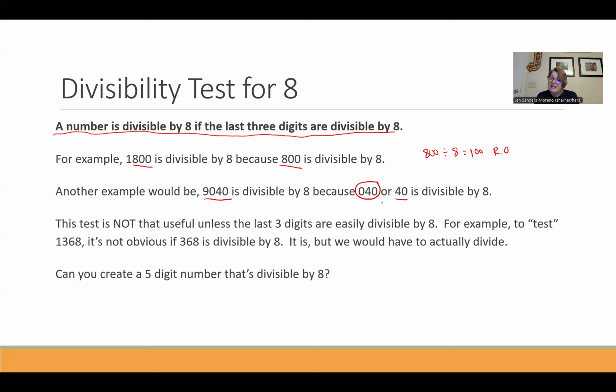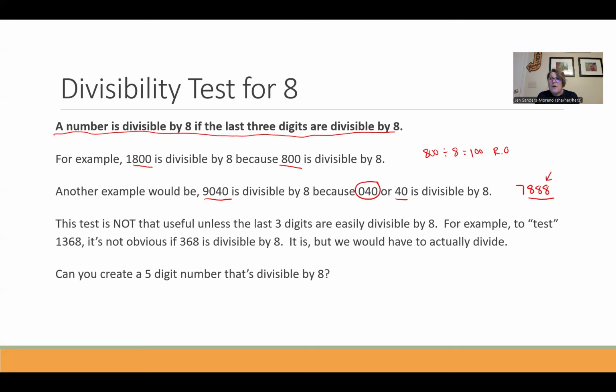And yeah, 40 divided by 8 is 5. Okay. Another one, I could just make up another one right now. 7,888. So again, these last three digits, hopefully you guys agree that 888 is divisible by 8.